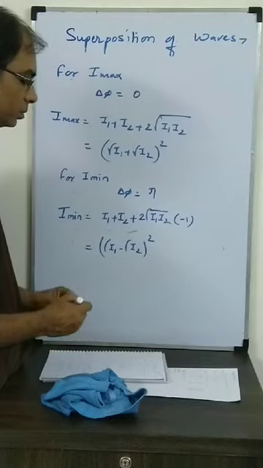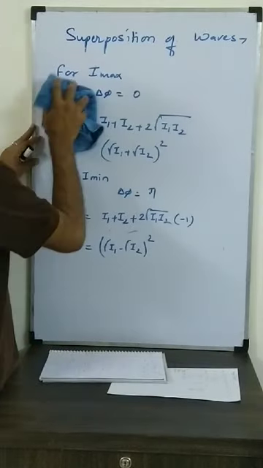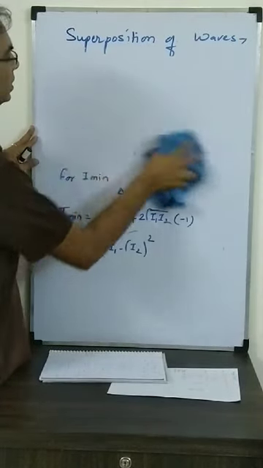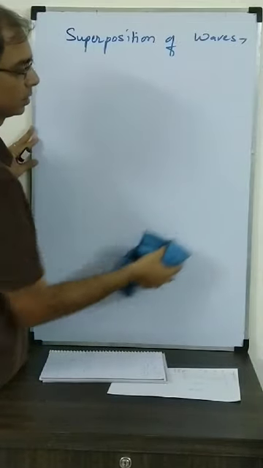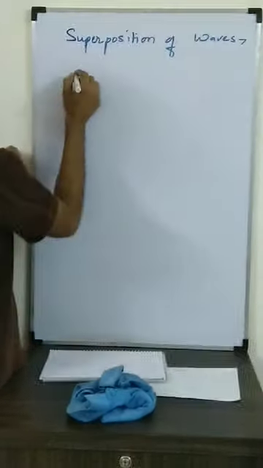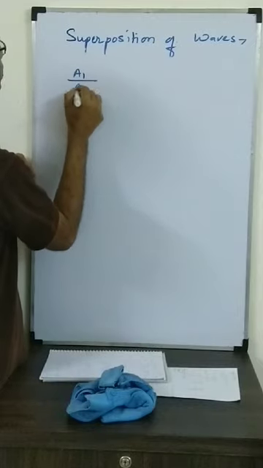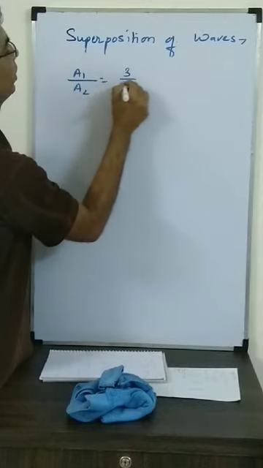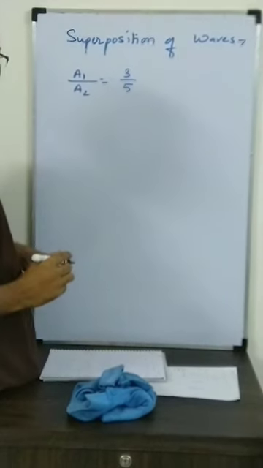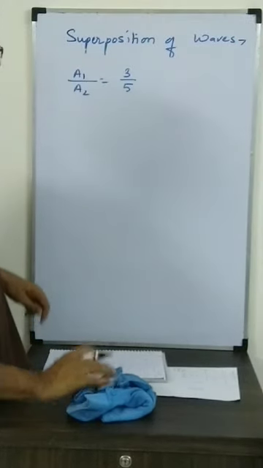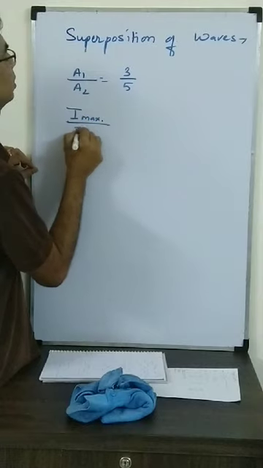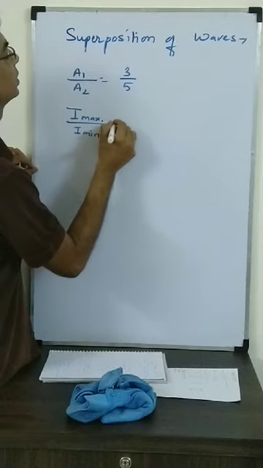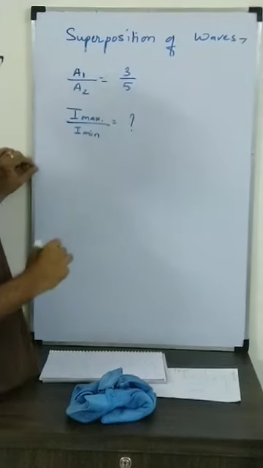Okay. Suppose some question is asked: the amplitudes of the two sources are given in a ratio like 3/5. What is the ratio of maximum to minimum intensity produced by the waves meeting at any point?